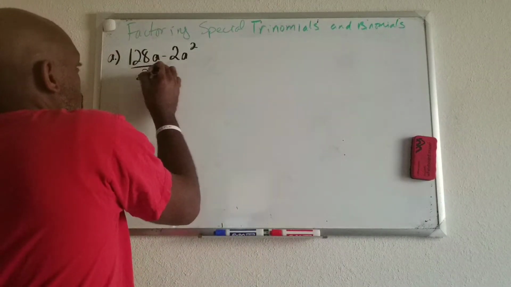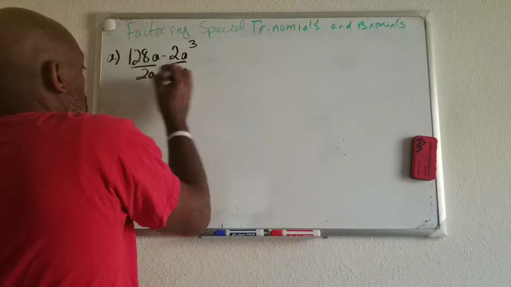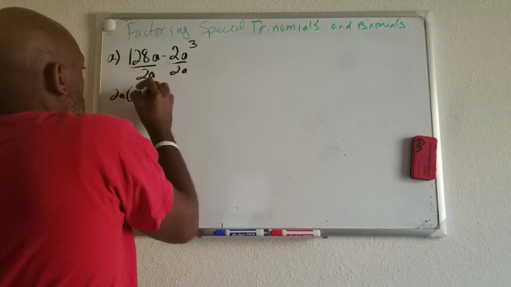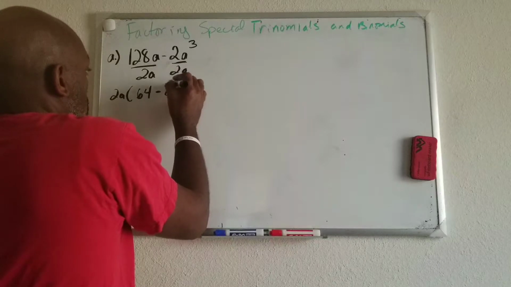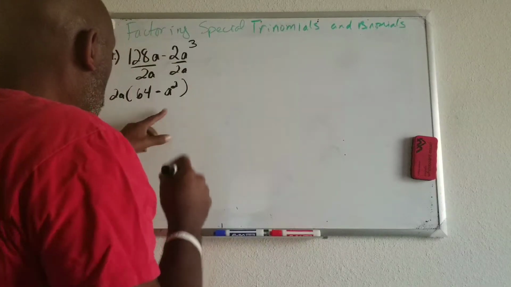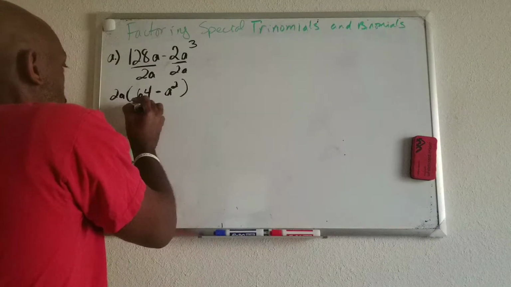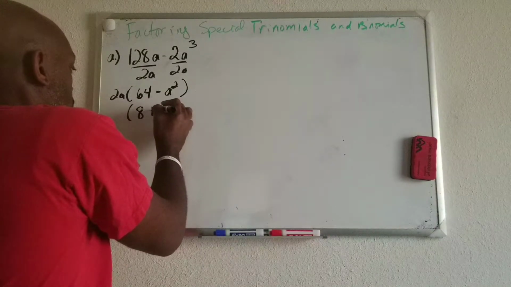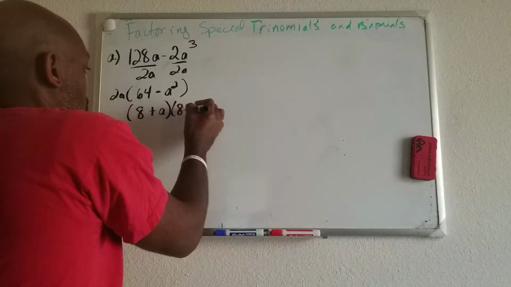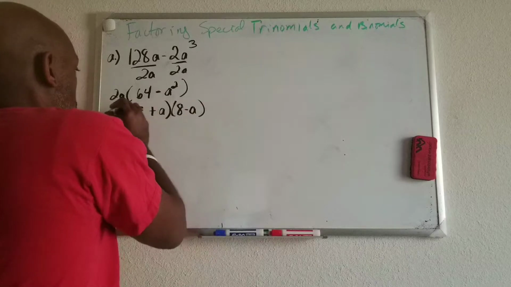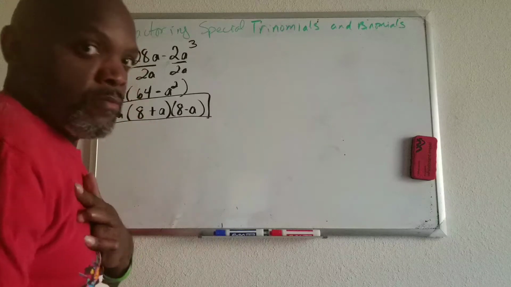We can factor out 2a. So you have 2a left with 64 minus a squared. This is a perfect square. So one will be 8 plus a. The other one will be 8 minus a, and then you have 2a. And there's your answer. Okay.